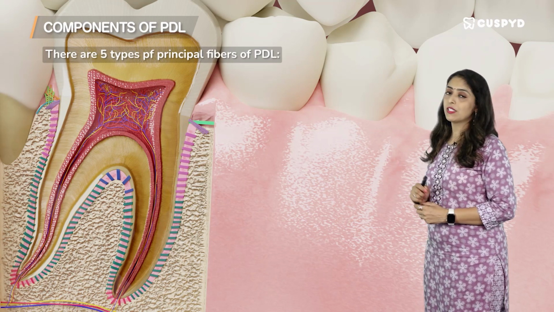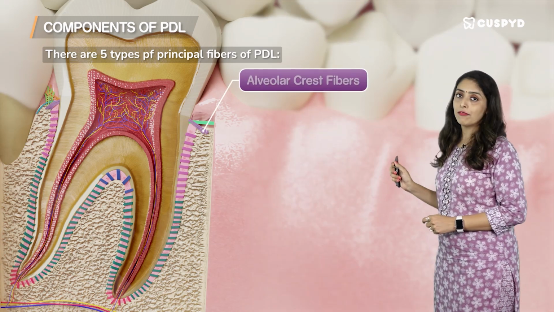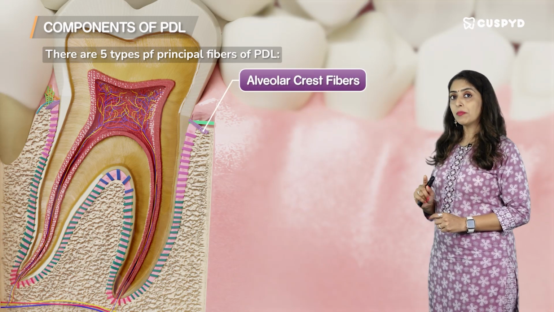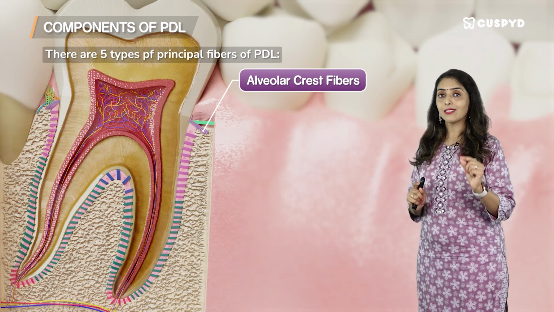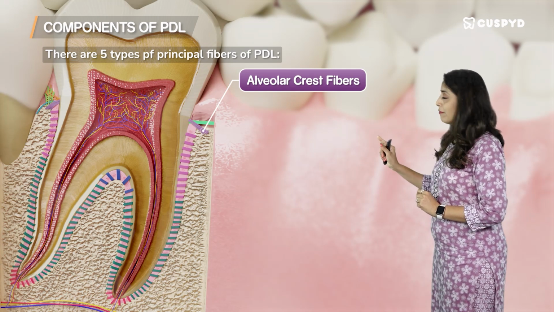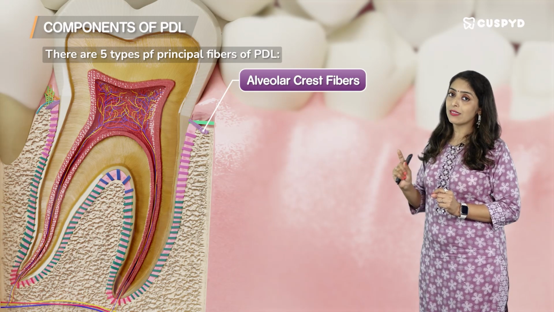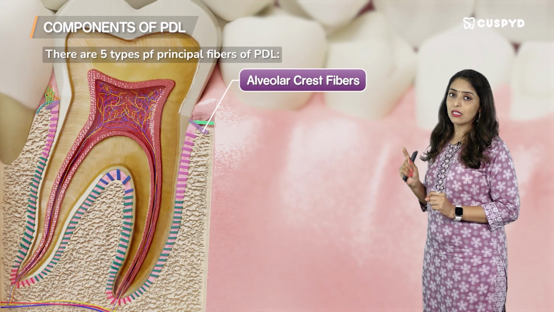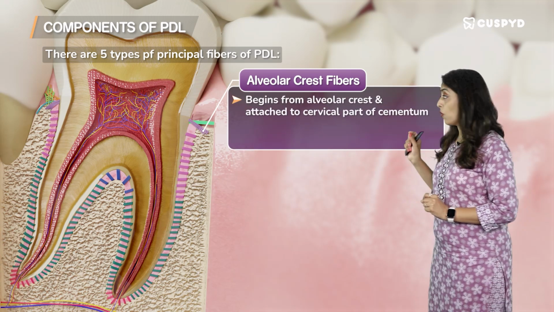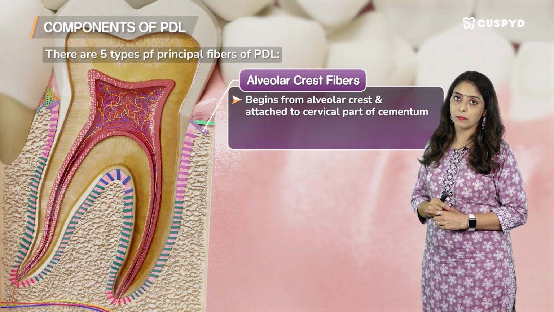And we have 5 types of principal fibers of the periodontal ligament. The first one is the alveolar crest. Now remember, the crux lies in the name of the fiber group. So if you look at the words alveolar crest, it is talking about the alveolar and it is talking about the crest. So this alveolar crest group begins from the crest of the alveolus and is attached to the cervical part of the cementum.